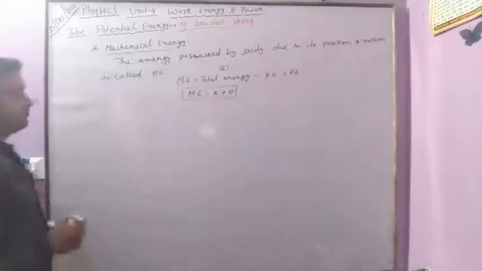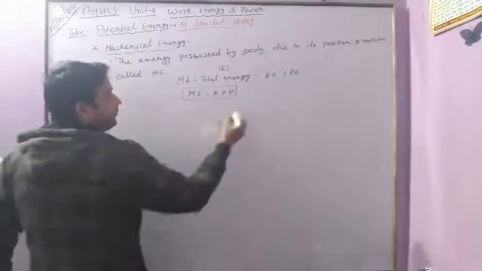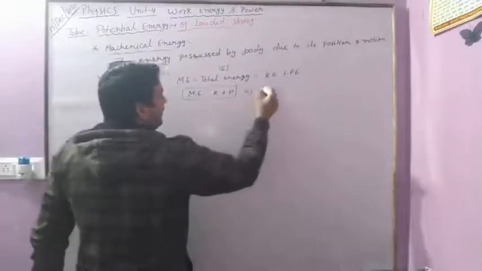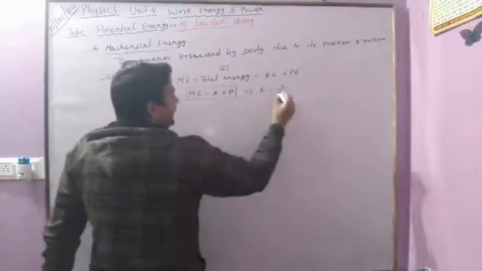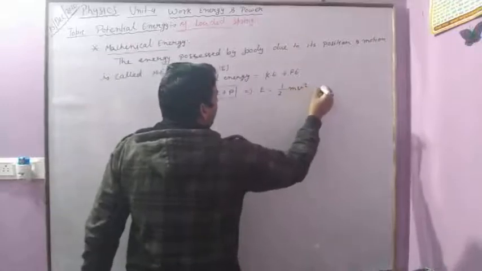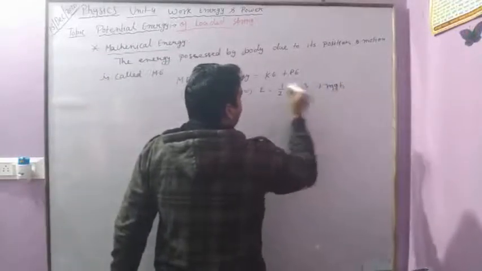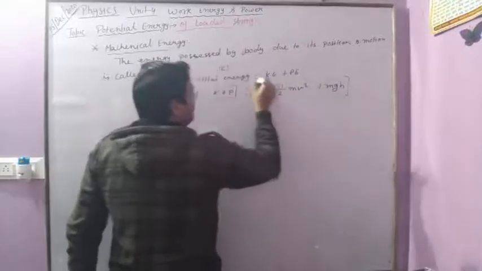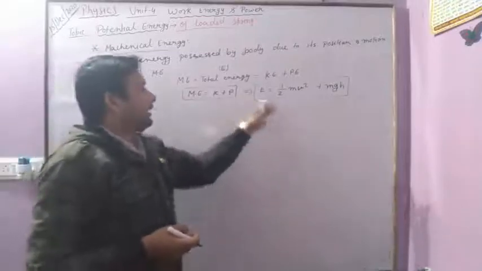Okay, now according to the conservation law of energy, let first this mechanical energy be equal to kinetic energy, half mv square, and potential energy due to its location, mgh. This is the formula for the mechanical energy.